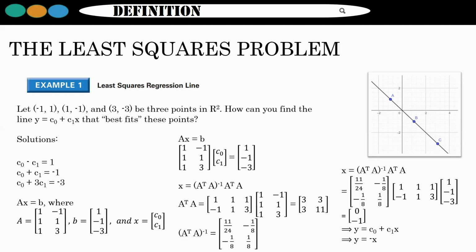This means that this is the best fit for these points, and the system is consistent because it has a solution. So that is for our least squares regression lines.